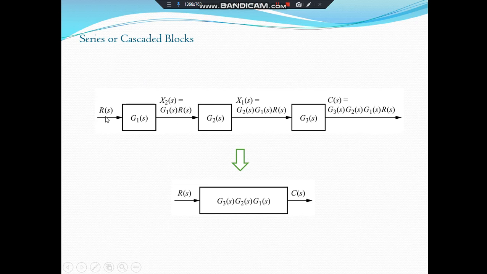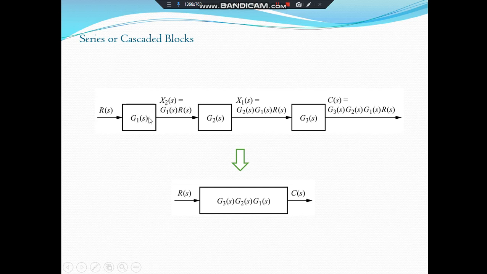So R of S is our input, and G1 of S is the transfer function of this subsystem. This can be any electrical, mechanical, translational mechanical, or any other subsystem. We are considering that the transfer function of this subsystem is G1 of S. And what would be the output after the first subsystem?